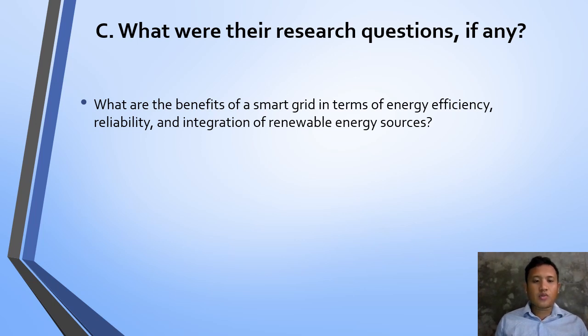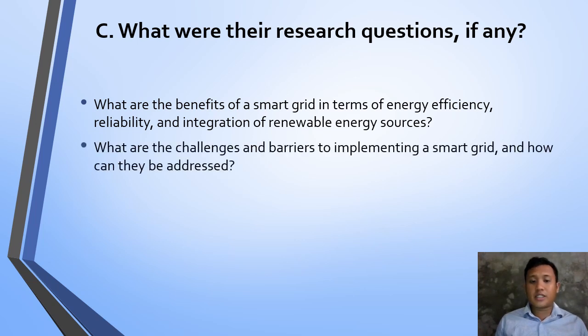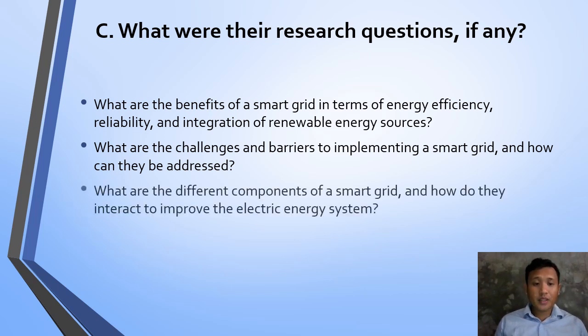Number one, what are the benefits of a smart grid in terms of energy efficiency, reliability, and integration of renewable energy sources? Number two, what are the challenges and barriers to implementing a smart grid and how can they be addressed? And number three, what are the different components of smart grid and how do they interact to improve the electric energy system?